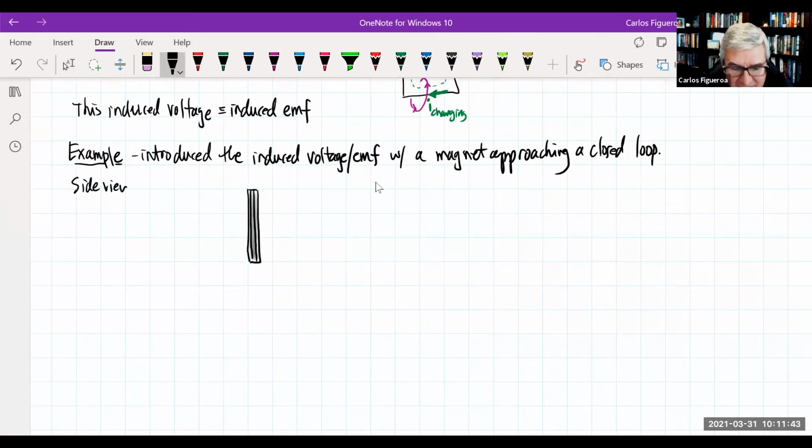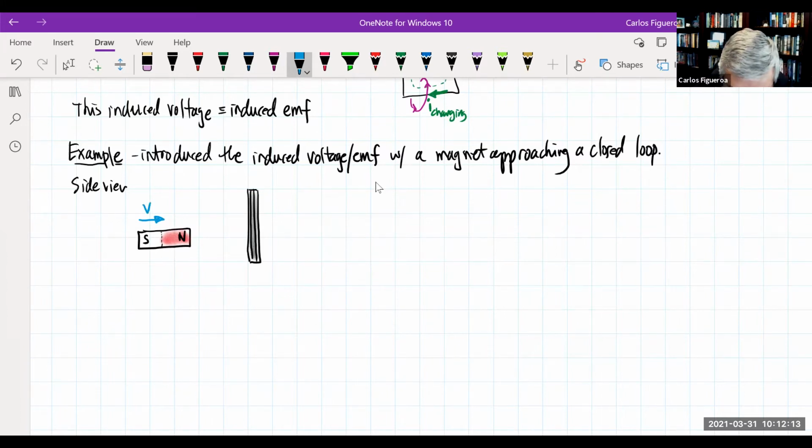So if I'm looking at the side view, I'm going to set up a magnet. So here's my magnet. And of course, this is a dipole magnet. When you're looking at a dipole magnet, we typically define the red as the north end, the white as the south end. We're going to move this towards this enclosed loop right here.